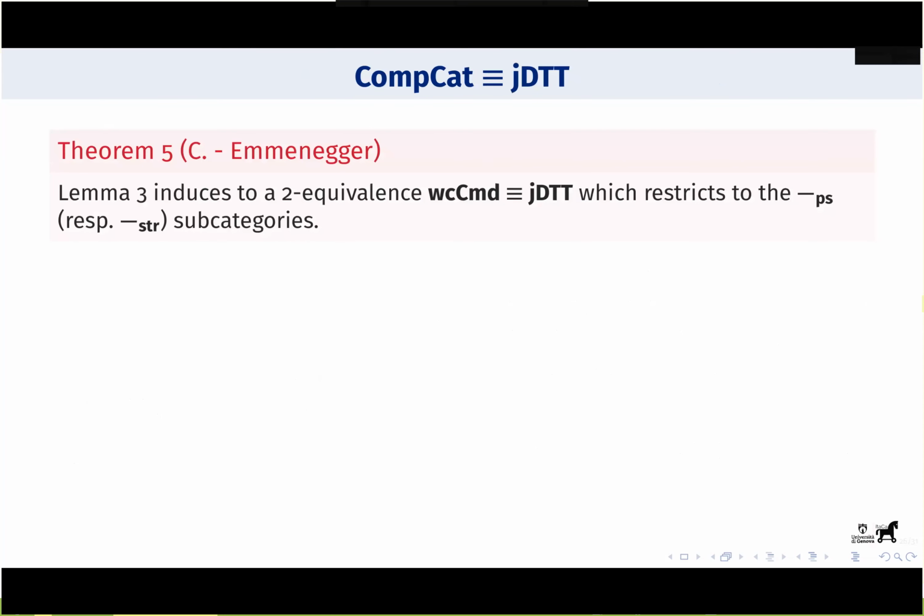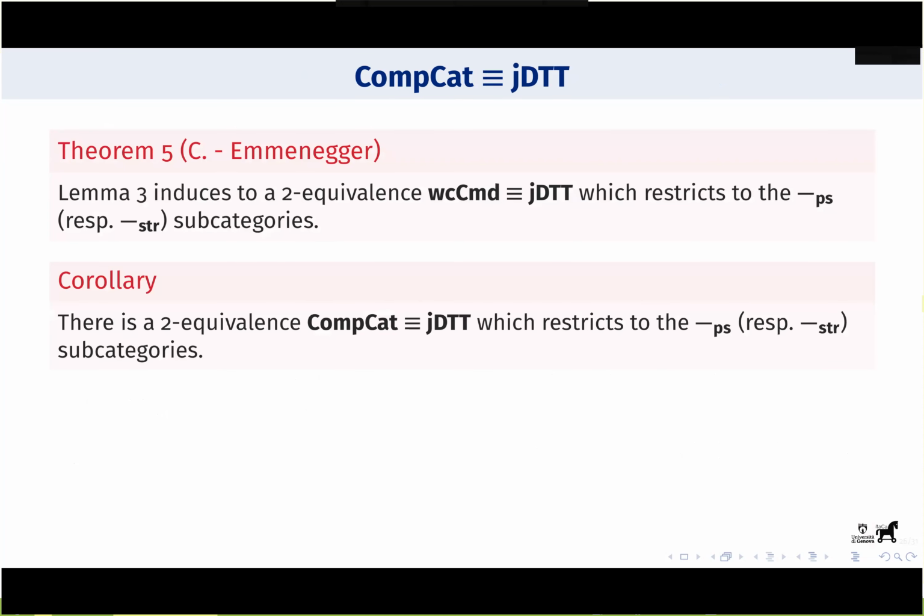So putting everything together, we can show that there is a 2-equivalence of the categories of comprehension categories and that of judgmental dependent categories.